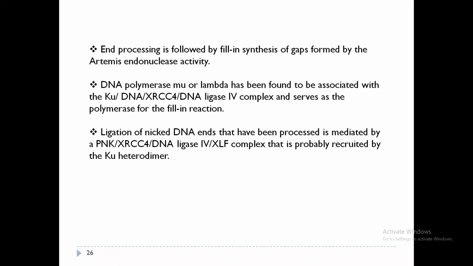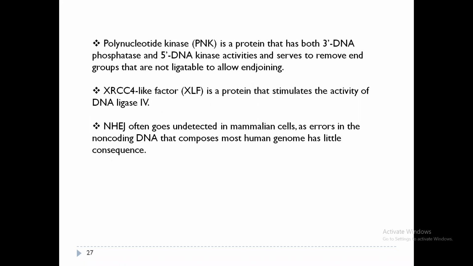Ligation of the nicked DNA ends that have been processed is mediated by a PNK XRCC4 DNA ligase 4 XLF complex that is probably recruited by the Ku heterodimer. PNK, that stands for polynucleotide kinase, is a protein that has both 3' DNA phosphatase as well as 5' DNA kinase activities.